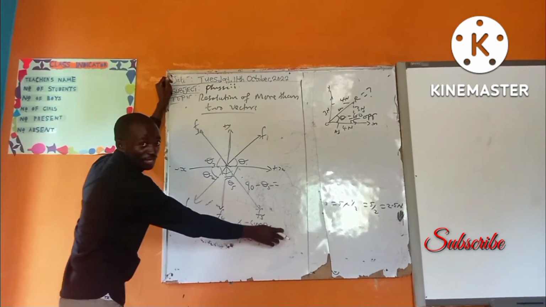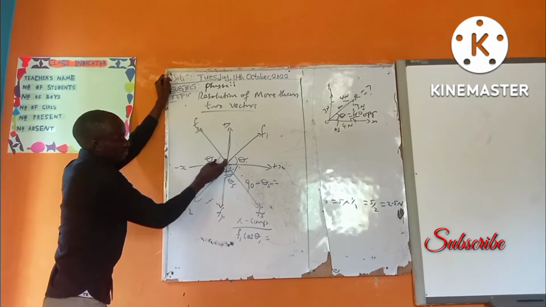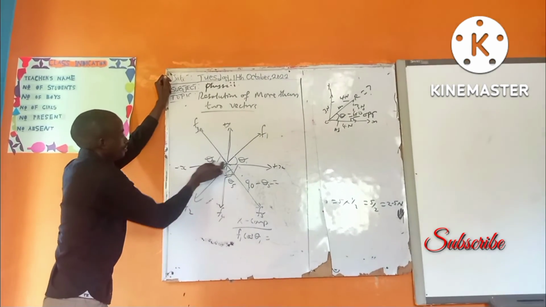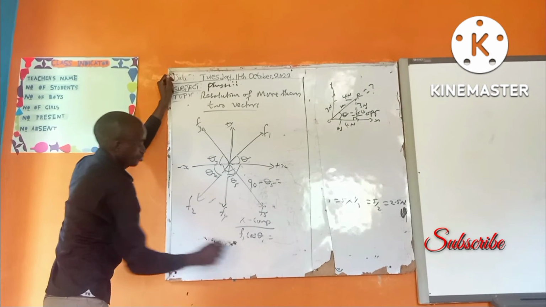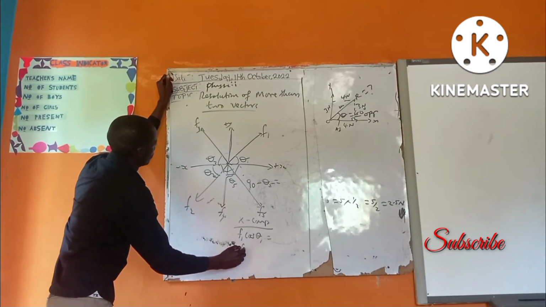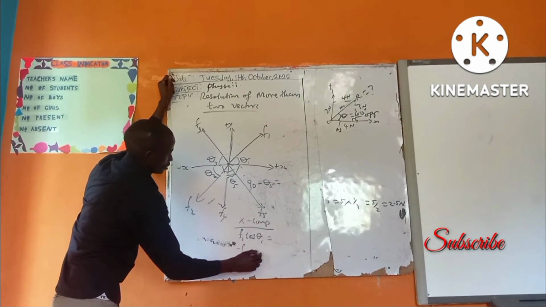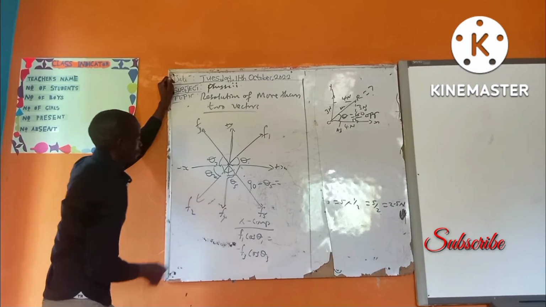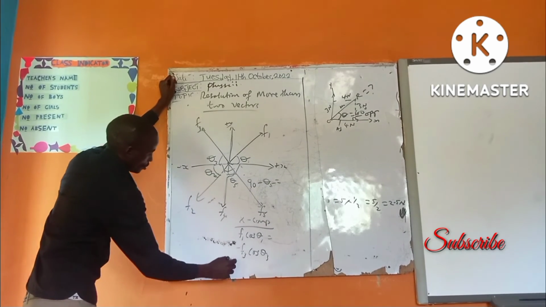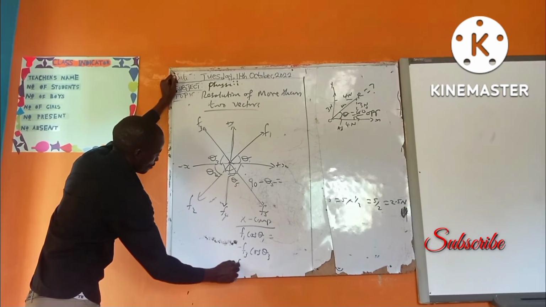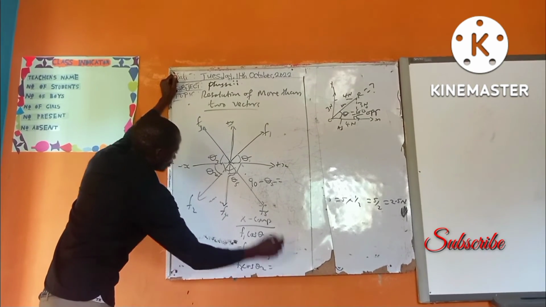Now here, is it not negative? This side is negative x, right? So you have minus F3 cos theta 3. Coming here, it's still negative, so you have minus F2 cos theta 2.